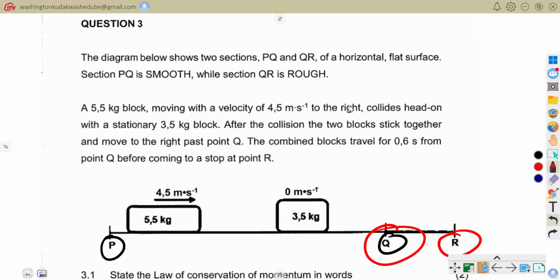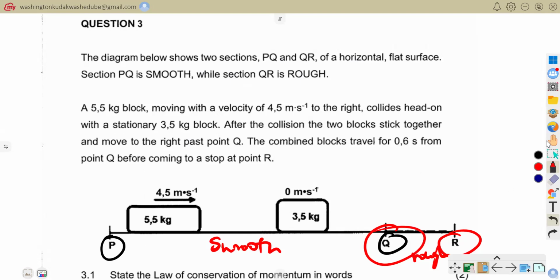So from P to Q we have a smooth surface, and here we have a rough surface.